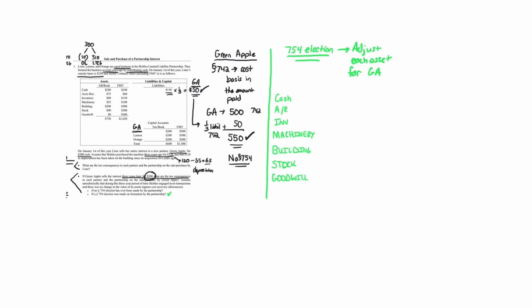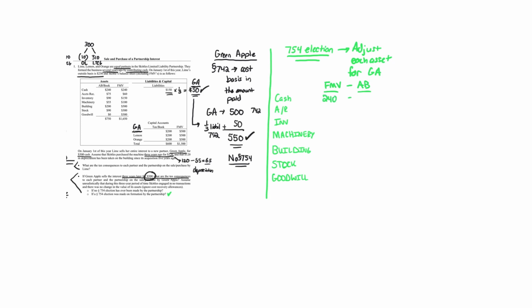So we take the fair market value at the date, we subtract away the adjusted basis at the date, so we're using this date that Green Apple joins. So even if the 754 election's always been in place since the very beginning, we still apply the numbers when Green Apple joins, which is on this date.